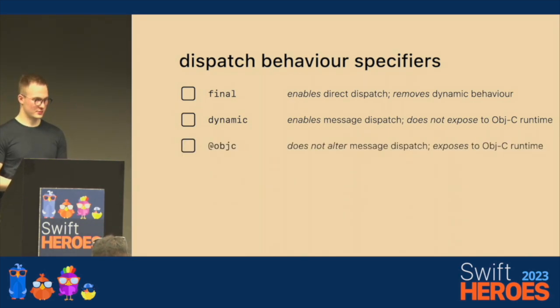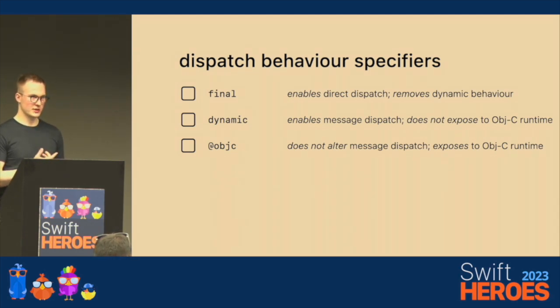The third one is @objc, which does not alter method dispatch and makes the method visible to the Objective-C runtime. And the perfect example for that is selectors that you use when you use UIKit in the old style. What is a selector?